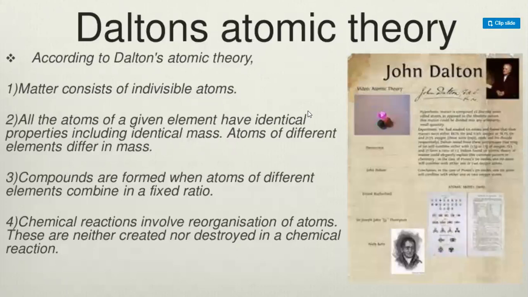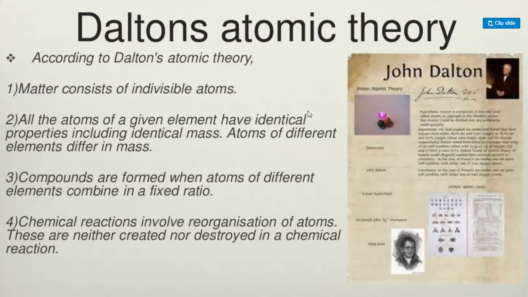Next is an important theory, the Dalton atomic theory. Dalton explains everything related to atoms and matter. The first point he explained is that matter consists of indivisible atoms. The smallest unit of matter is the atom, which is indivisible; it cannot dissociate further.